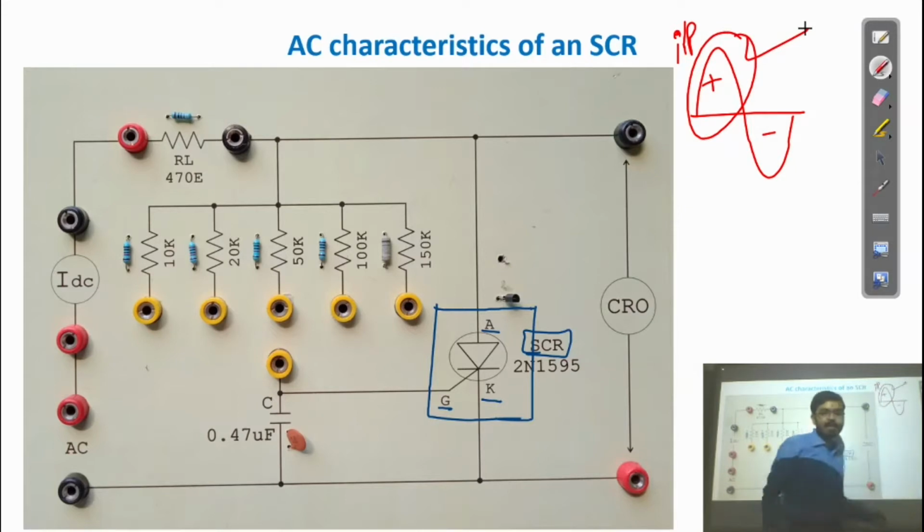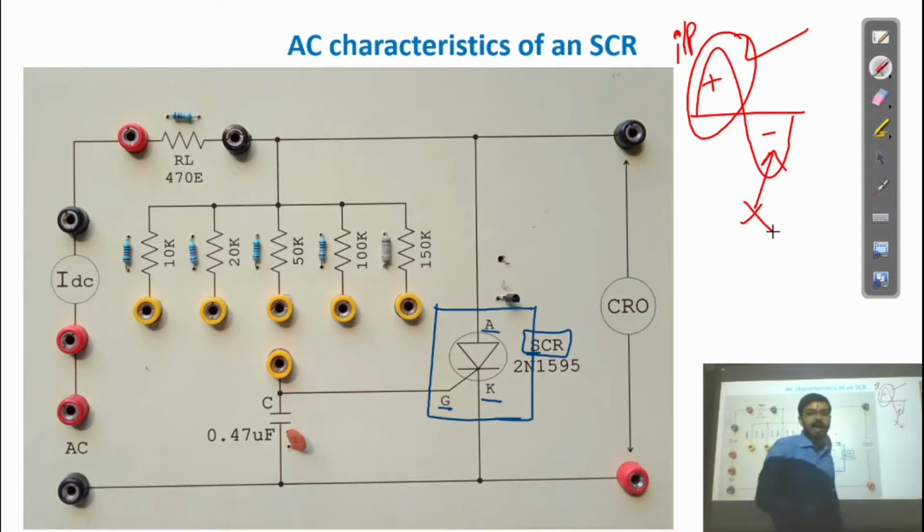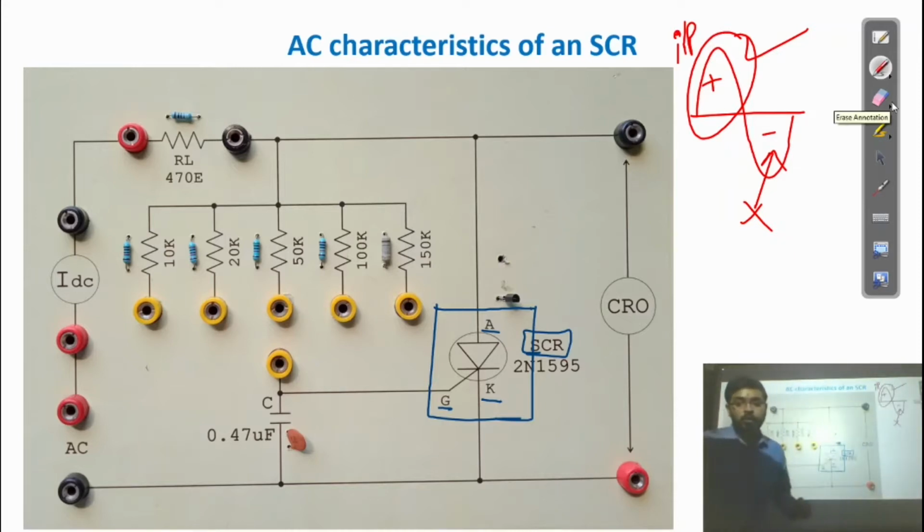For the negative half cycle, the SCR will not work. For this cycle, the SCR will not work, right? Now we have seen in the DC characteristics that to fire an SCR, we need to apply a small amount of gate current, right?